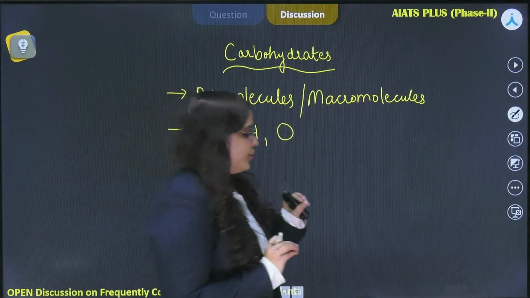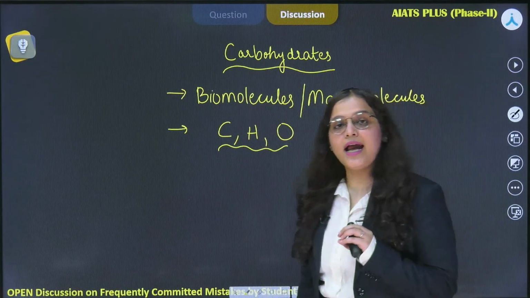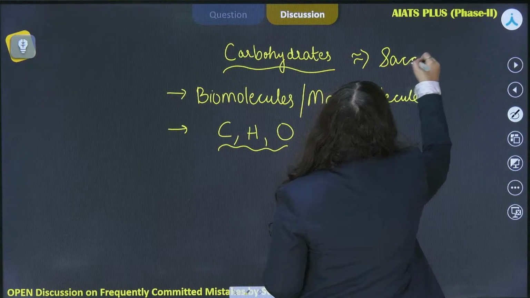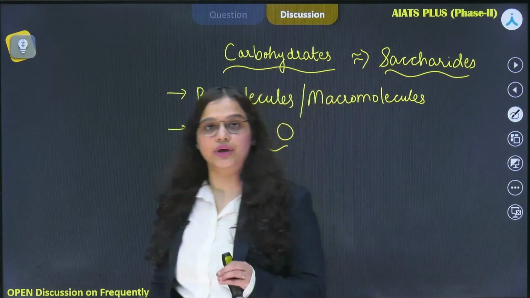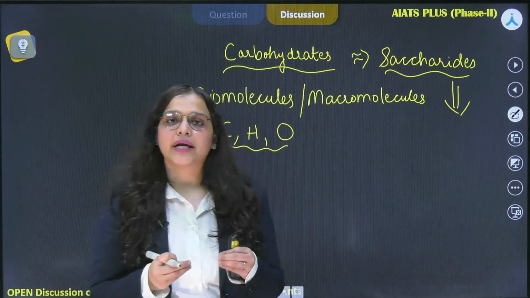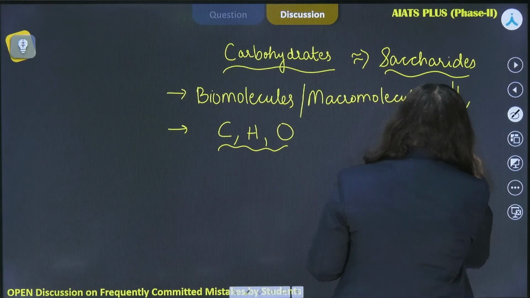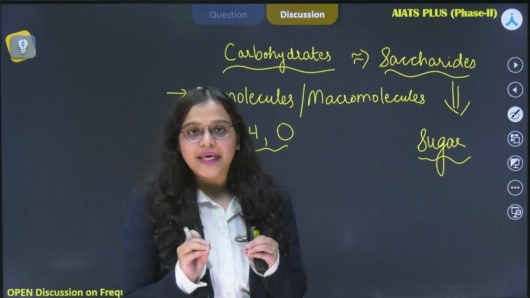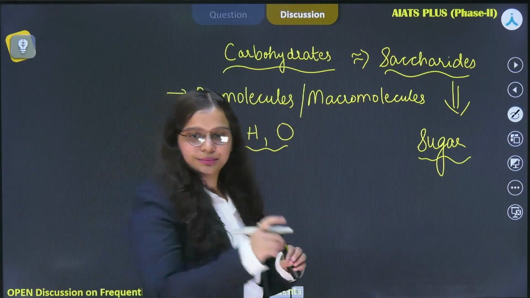Basically carbohydrates are composed of these three units, and they are also referred to as saccharides, and saccharides basically means sugar. So, to sum up, carbohydrates are basically sugar molecules, and they are categorized into different types based on the number of components present in a carbohydrate molecule.